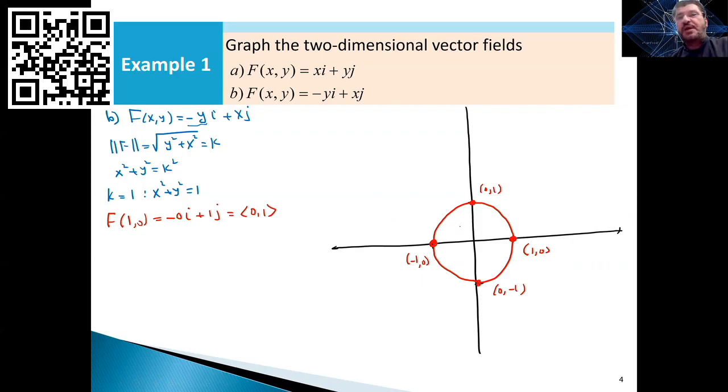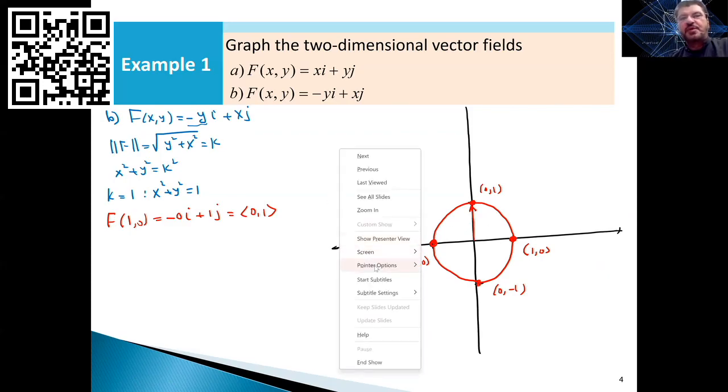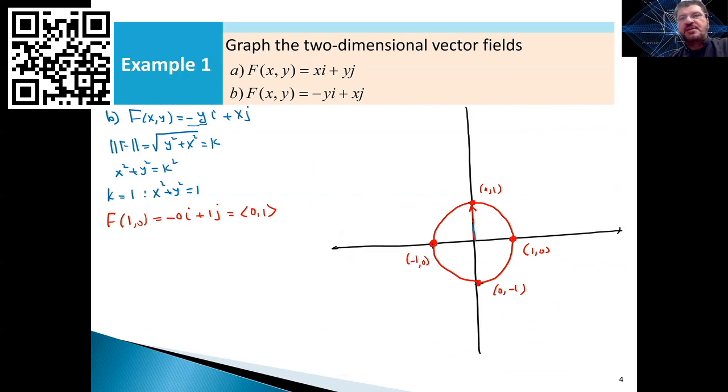By the way, where is (0, 1)? (0, 1) is this vector, right? So I'm going to change the color, make it blue now. This is the vector (0, 1). But it shouldn't be here. I have to graph it on this point. So here is our first vector. So what kind of force is here? There will be a force that is going to push this point (1, 0) up.